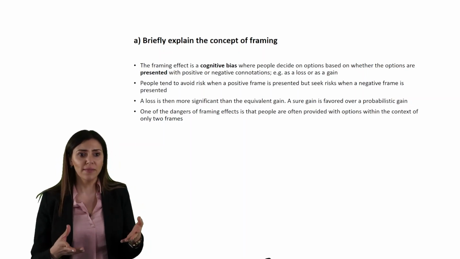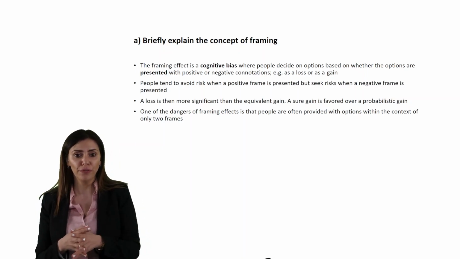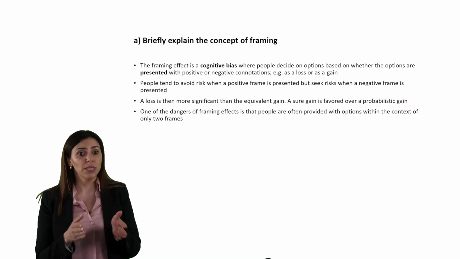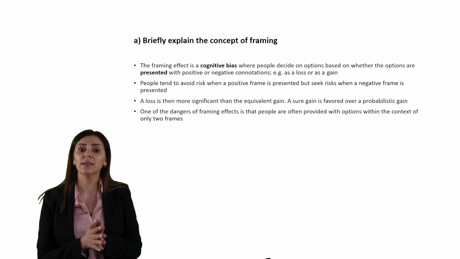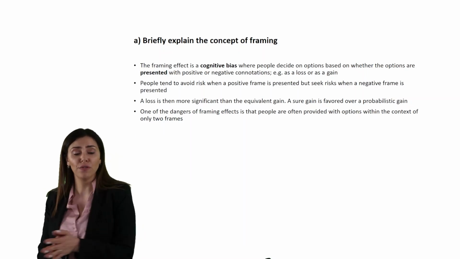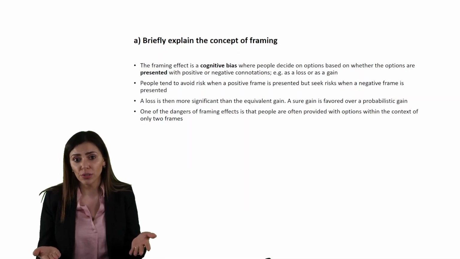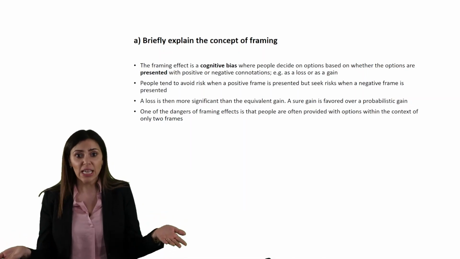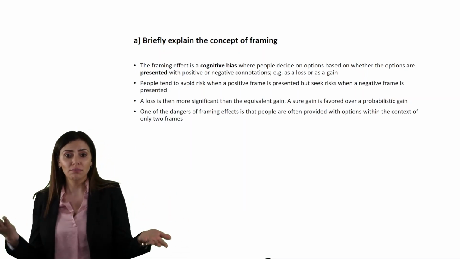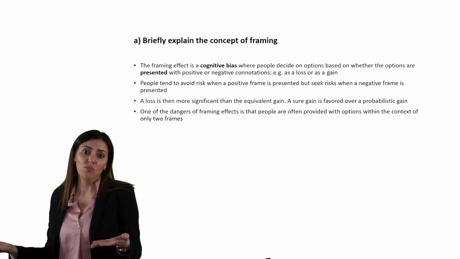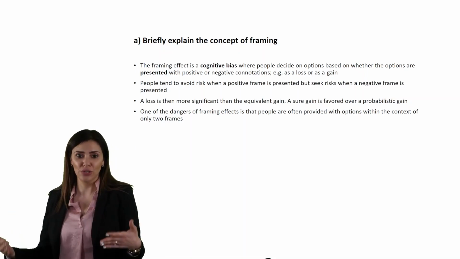And this is why some people would prefer to take a stock that's presented to them, for instance, as a stock that would pay itself back after 5 years over a stock that has a 20% return, which is the same. People may tend to choose the first one because the frame was positive and certain.